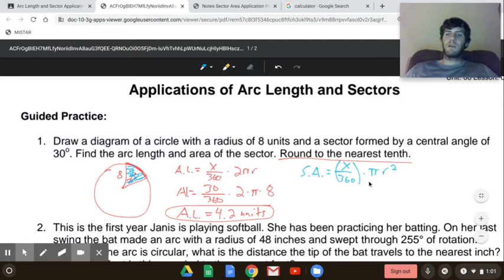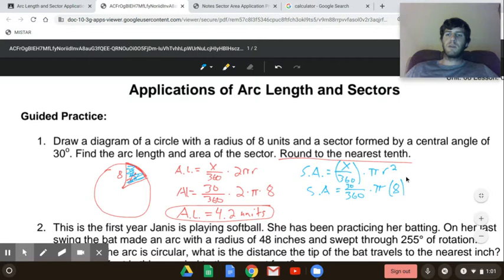Instead of finding the area of the whole thing, we're just going to find this portion. The portion we're looking at was 30 over 360 times pi, and then your radius was 8.